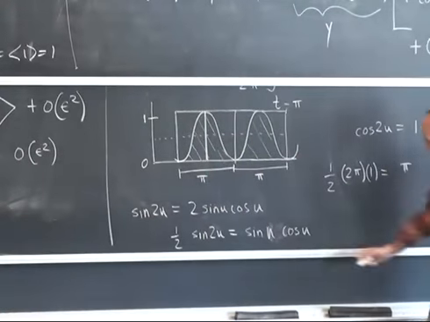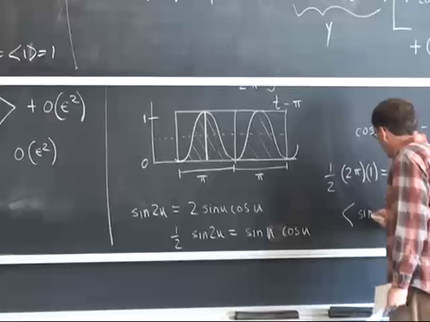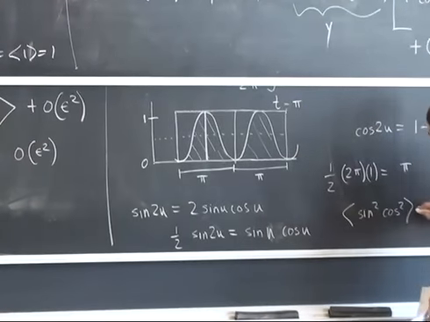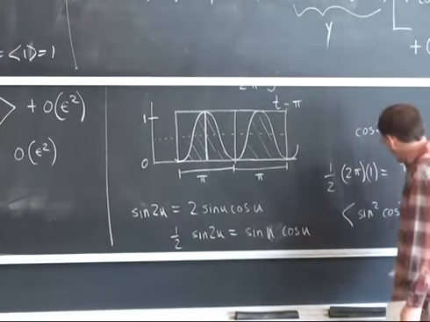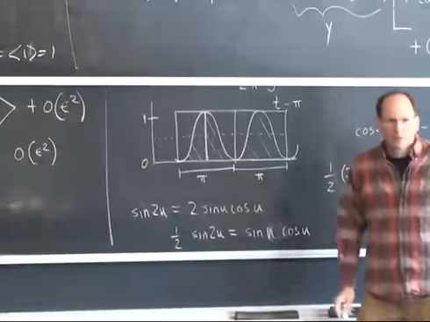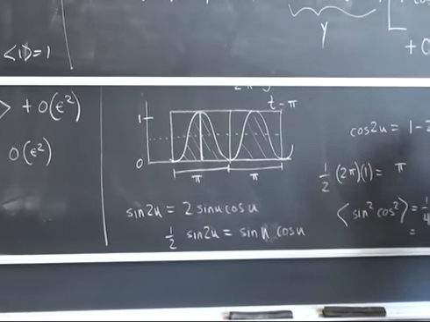So doing an average of sine squared cosine squared, if I square both sides, I'm getting 1/4 an average of sine squared of 2u. But it's still just an average of sine squared. So it's going to be 1/2, like we just argued, times 1/4. So we're going to get 1/8.